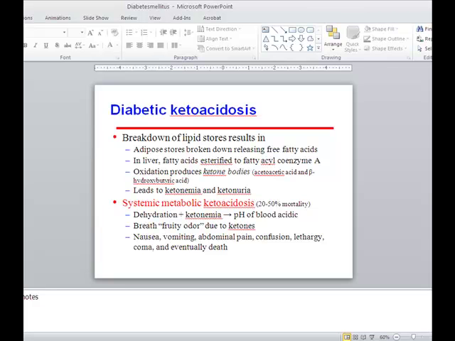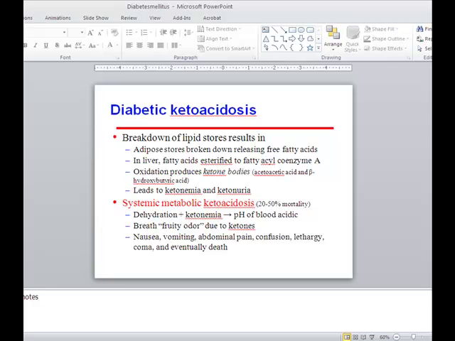So this is happening in parallel with dehydration. So there's nothing to dilute the pH. There's less of everything to dilute the increased hydrogen ion concentration. Consequently, the pH of the blood becomes very acidic.